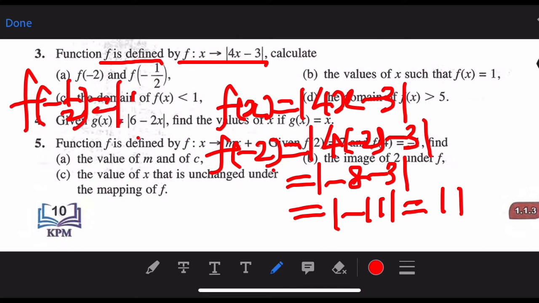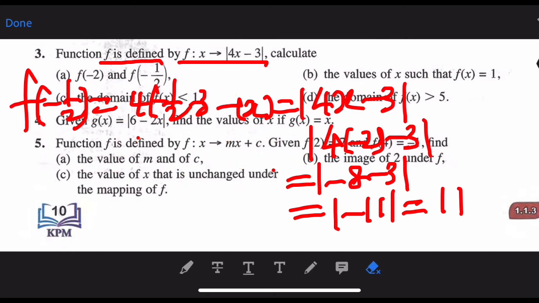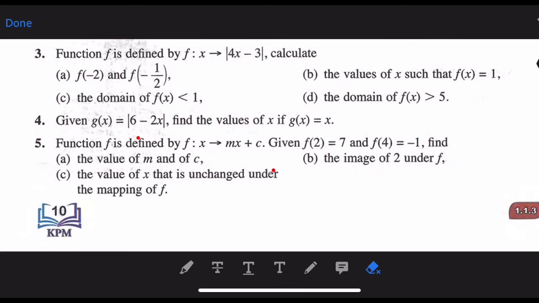You get 4 times negative half minus 3, so you get -2 minus 3. So the answer is modulus of -5, so you get 5. So we have solved how to find the value of the modulus.